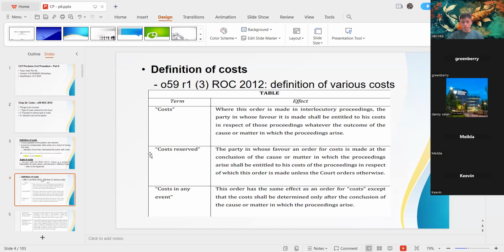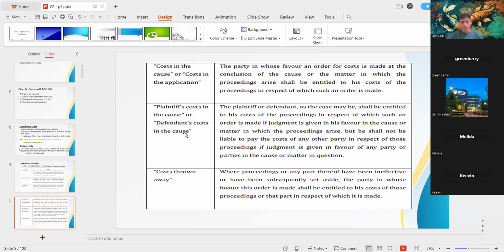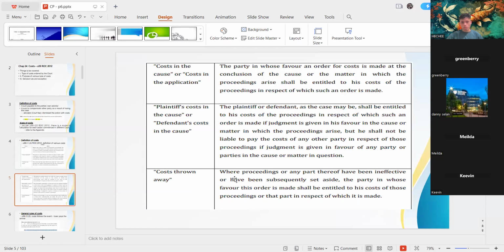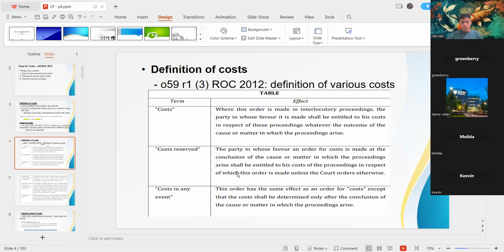You will see the definition and the terms that they use. I have taken some of the terms. What we commonly use is cost in any event and also cost thrown away. Basically, cost in any event is when the case has gone to the final, so at the end of the case, the losing party has to compensate the winning party.